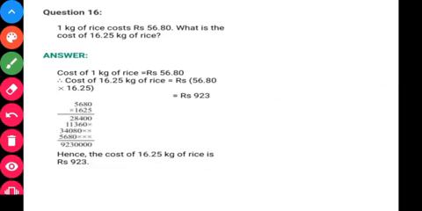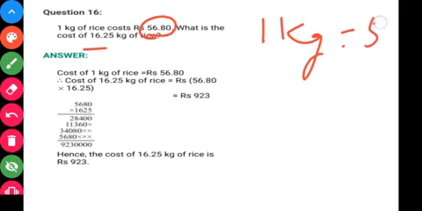Question 16. It is given 1 kg of rice costs 56.80. What is the cost of 16.25 kg? So cost of 1 kg is equal to 56.8.